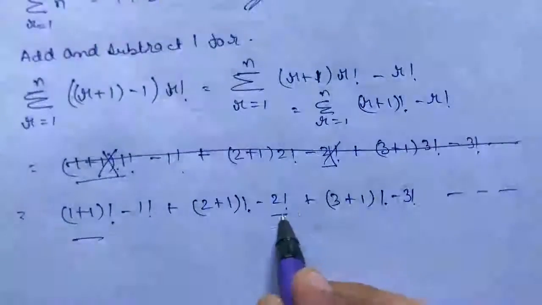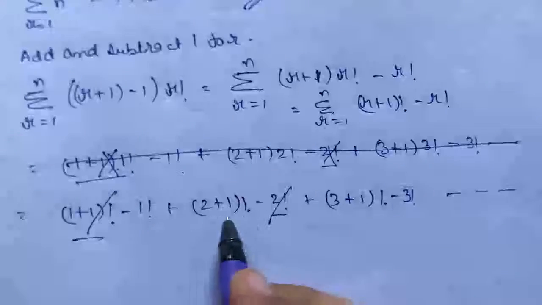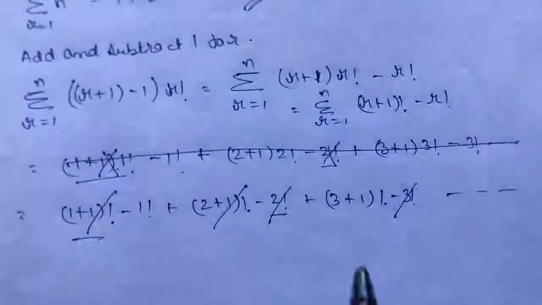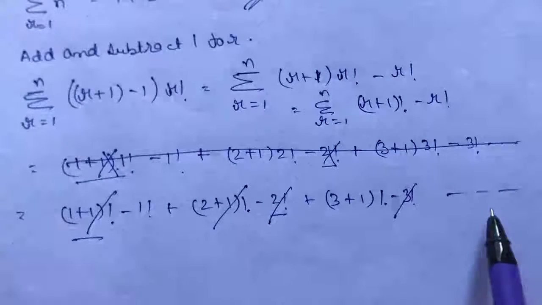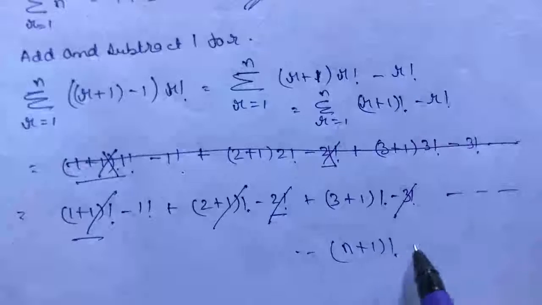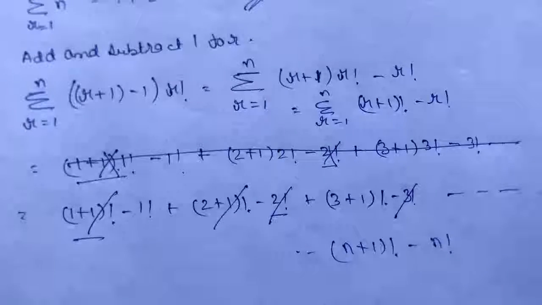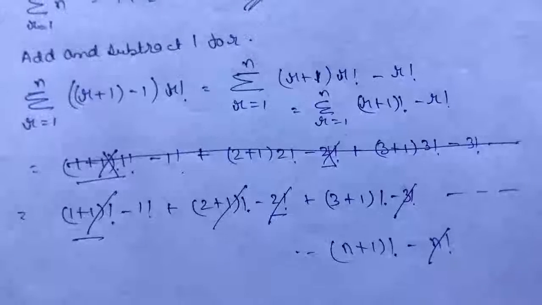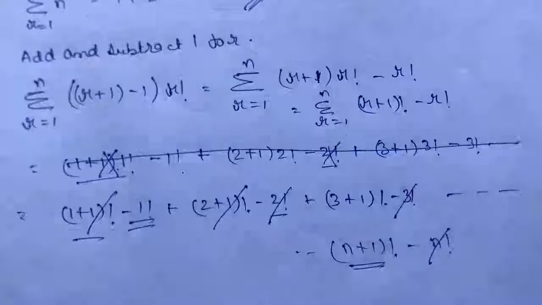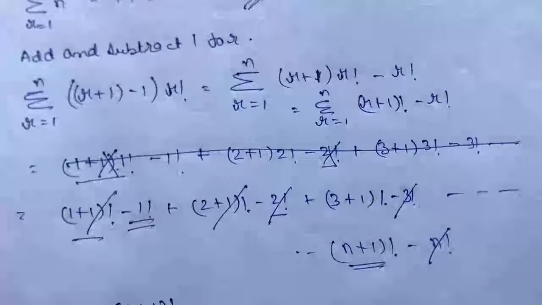So this will be cancelled with this. 2 plus 1, that is 3 factorial, will be cancelled with this. Similarly 3 plus 1 factorial will be cancelled with the next term, and so on. What will we be left with? We will be left with (n plus 1) factorial minus 1 factorial.